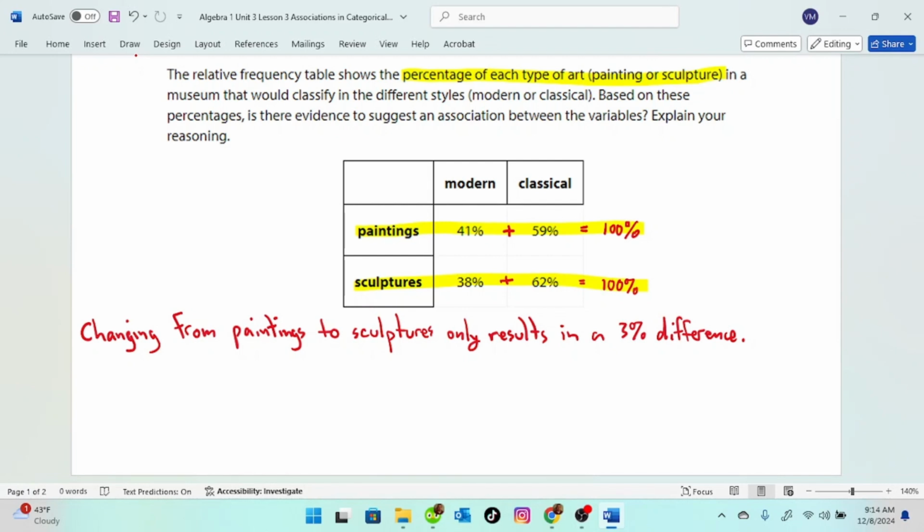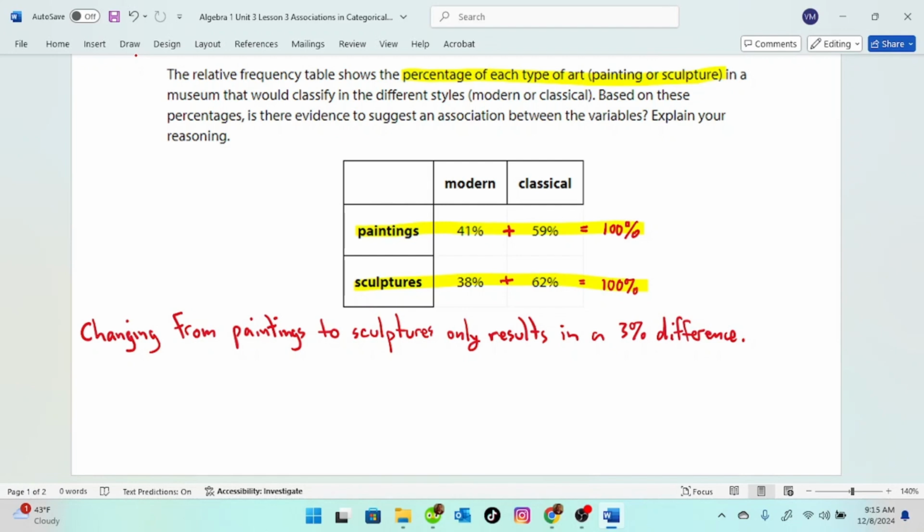We see it go from 41% chance of being modern if it's a painting down to a 38% chance of it being modern if it's a sculpture. We see it change from a 59% of being classical if it's a painting up to a 62% chance of it being classical if it's a sculpture.